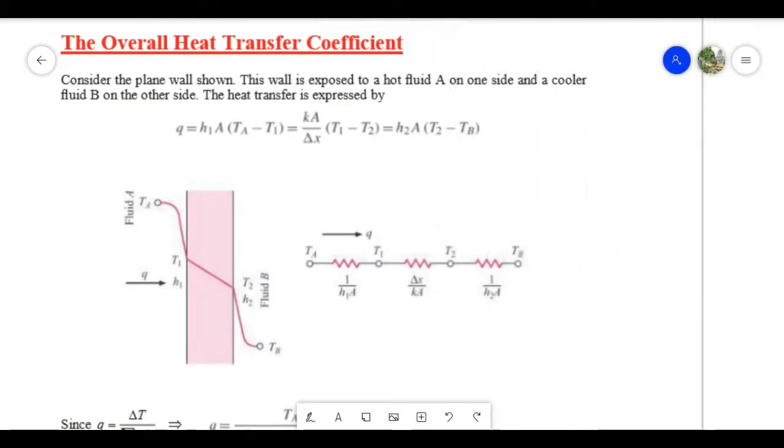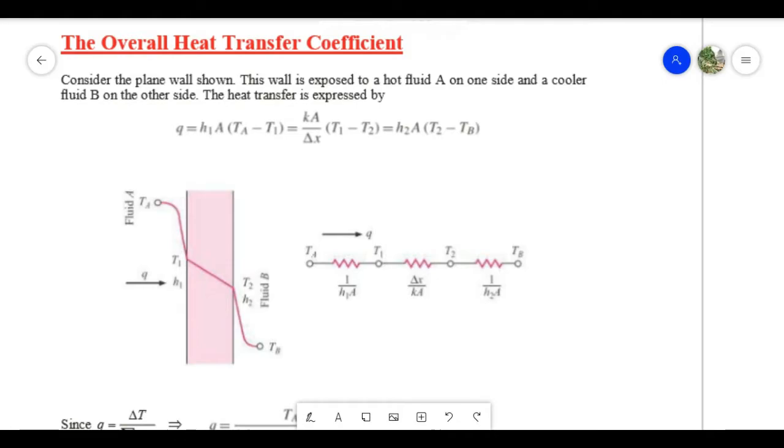Hello and welcome. In this video, we're going to talk about overall heat transfer coefficient. Overall heat transfer coefficient is usually used in the analysis of heat exchangers because of the many thermal resistances in the heat exchanger.